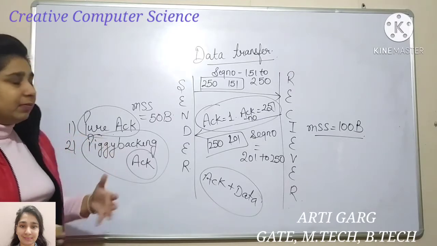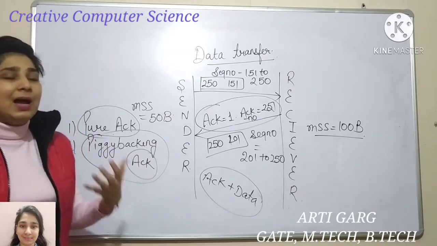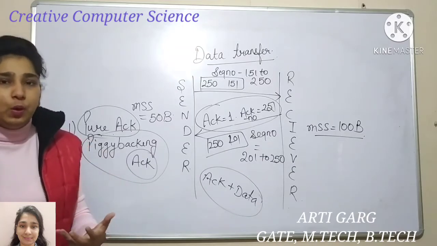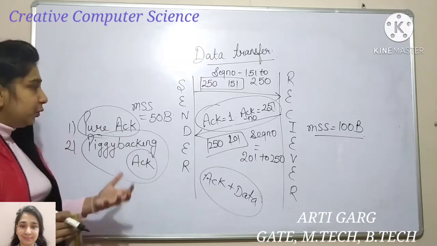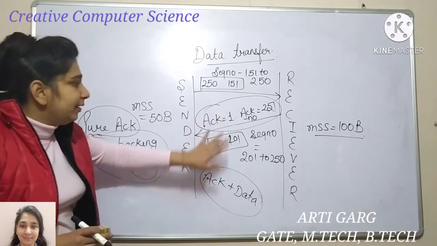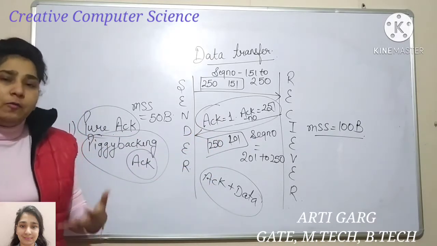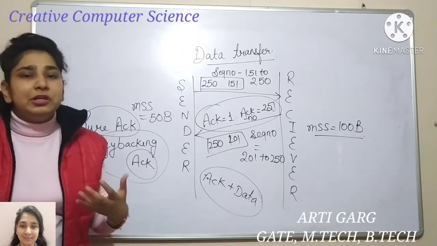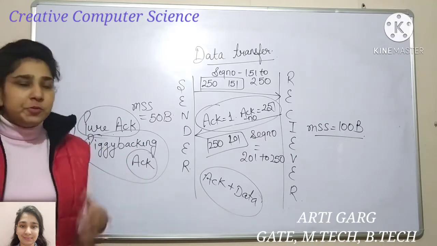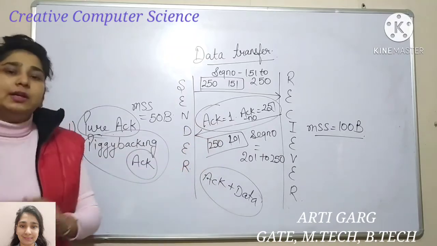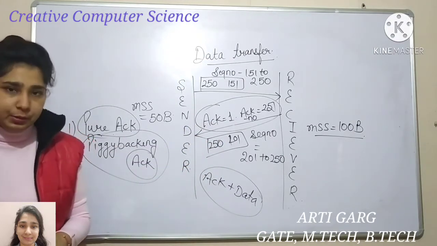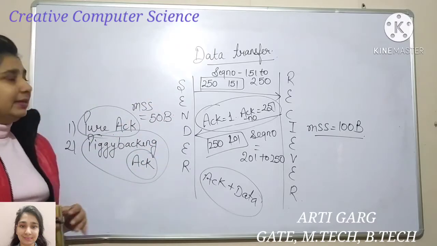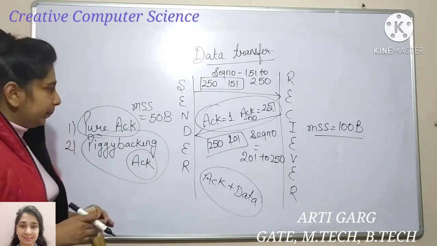If you are sending hundreds and thousands of packets on the network, and for each request you have to send back an acknowledgement, there is going to be a lot of traffic. If you want to reduce the traffic, the better option is to send data with the acknowledgement. So this is our data transfer.